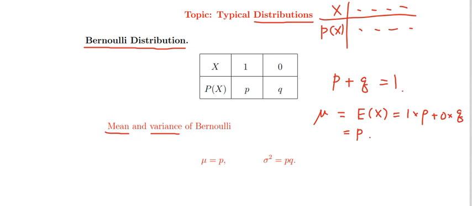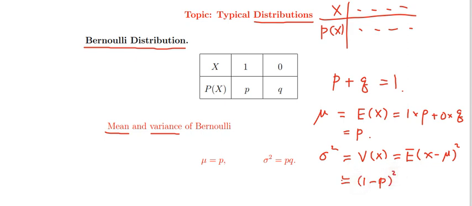So what is the variance? Variance sigma square equals V(x), the variance of x. The definition is E of (x minus mu) squared, the average of (x minus mu) squared. So x can be 1, so x minus mu is 1 minus p, squared.